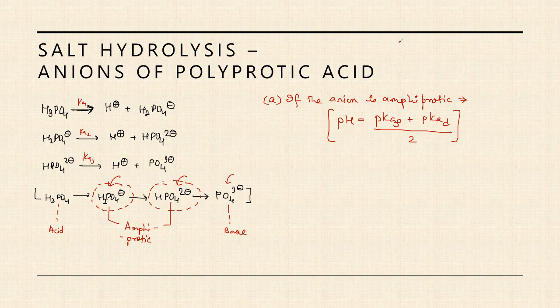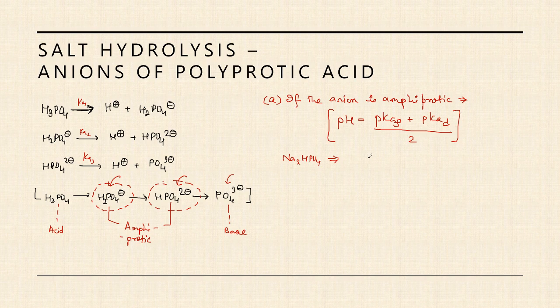Let's say they have given a salt like Na2HPO4. Now tell me, what is the pH of this solution? Some amount has been added. It's not concentration dependent. You just have to identify the pH of the solution.